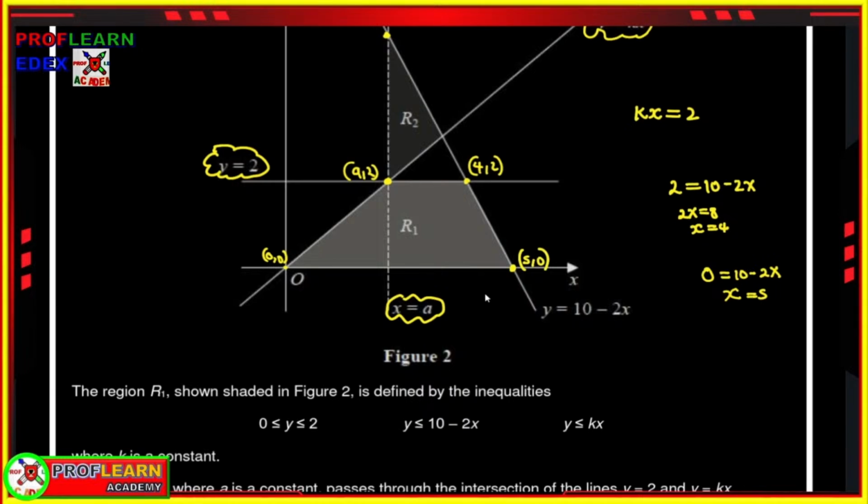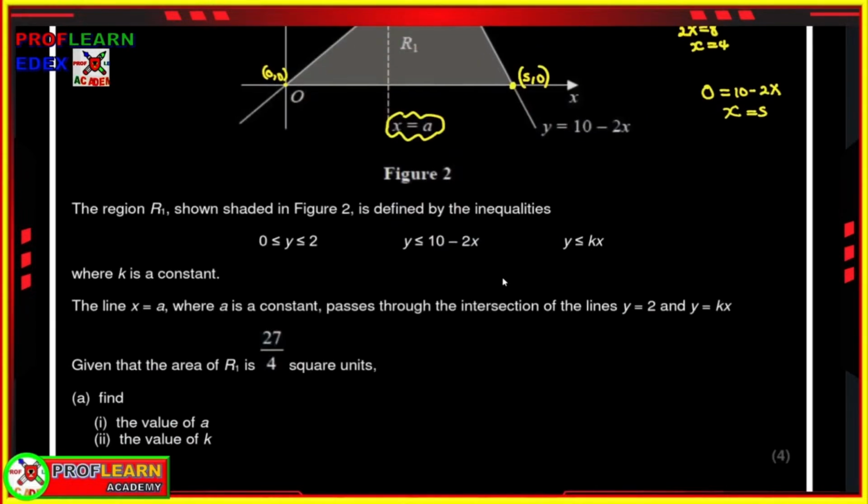So that is it. Now, if you look at this question, we were told that given that the area of R1 is 27 over 4 square units, we are supposed to find the value of a and the value of k.